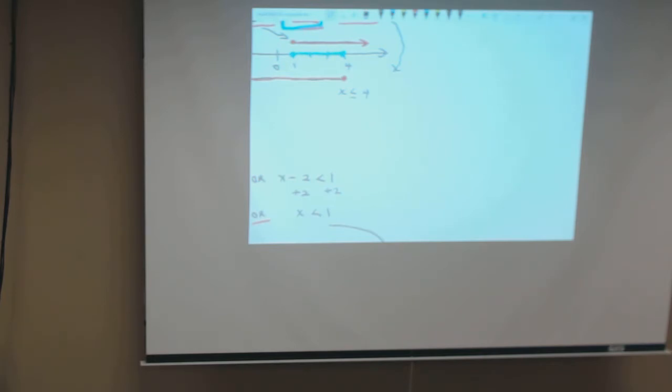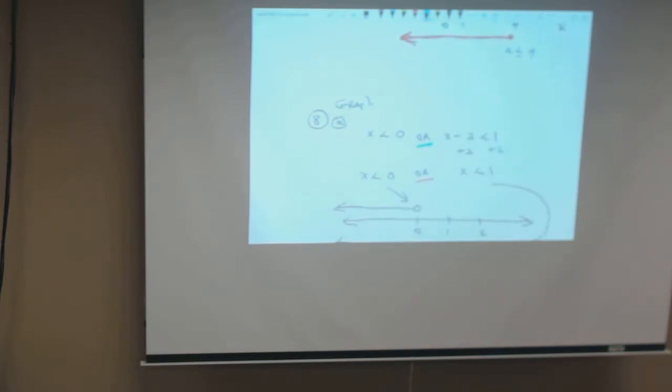Let's do 8. Now let's do one that says or. 8 says x is less than 0, or x minus 2 is less than 1. So I add 2 to both sides. And now I have x is less than 0, or x is less than 1.